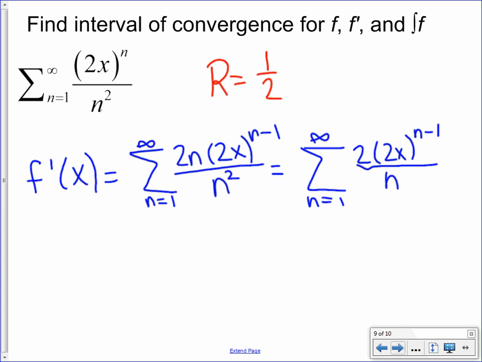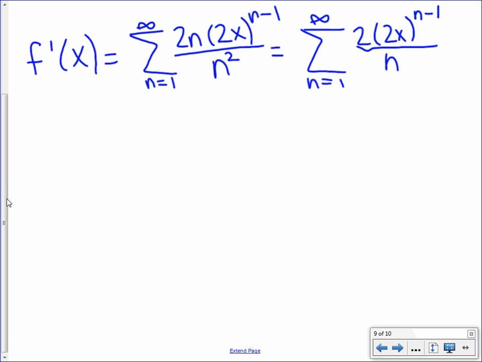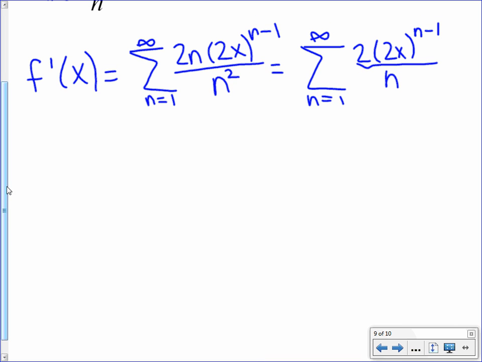Do you want to test the endpoints? Sure. We know it's going to be from -1/2 to 1/2.